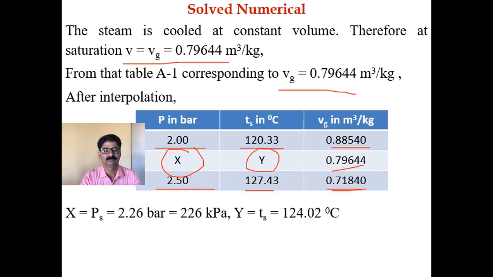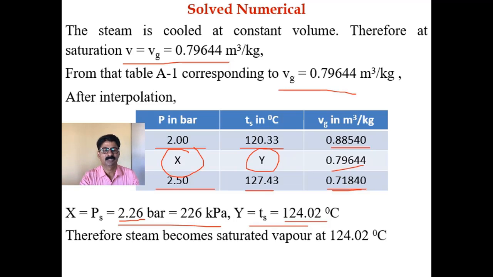Now interpolate. X you get as 2.26 bar or 226 kilopascal, and Y, the saturation temperature, you get as 124.02. You can see the X value is between 2 and 2.5, so you get 2.26 bar, whereas Y is between 120 and 127, so you get 124.02 degrees Celsius. Therefore, the steam becomes saturated vapor at 124.02 degrees Celsius.